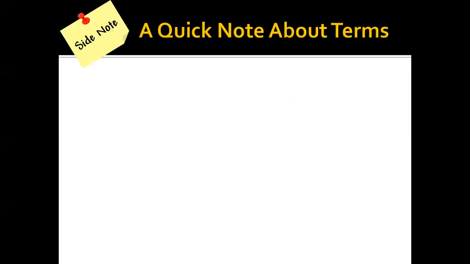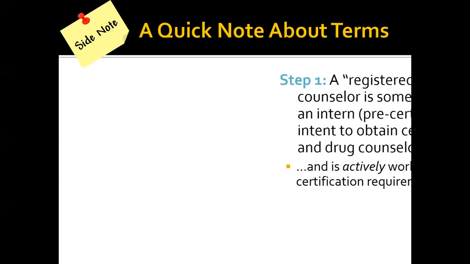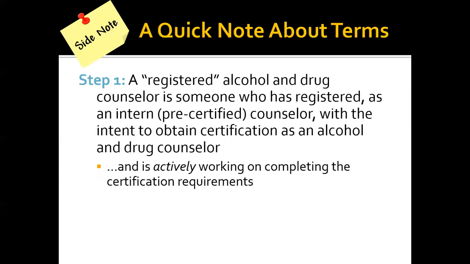Now, let's do a quick note about terms, because this is going to be talked about repeatedly in the upcoming slides. So step one for a drug and alcohol counselor in the process of becoming certified is to register. A registered alcohol and drug counselor is someone who has registered with one of the credentialing organizations as an intern or pre-certified counselor.